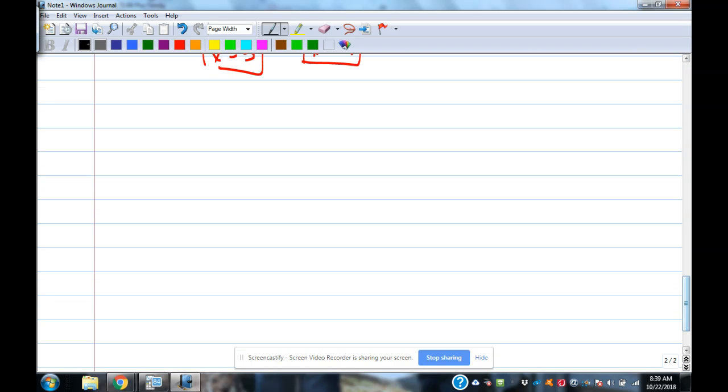Let's look at another one. F of x is equal to x to the third power minus 4x squared minus 15x plus 18.